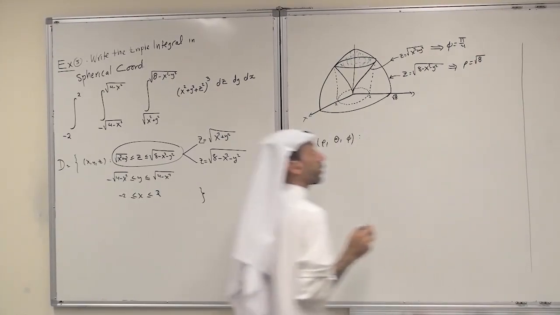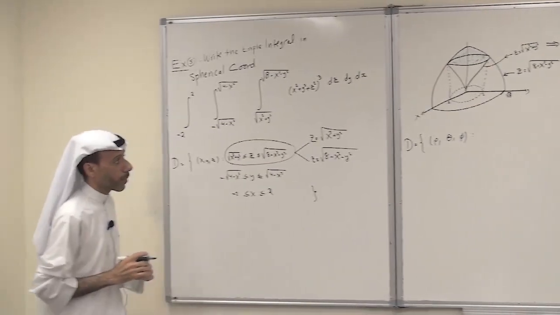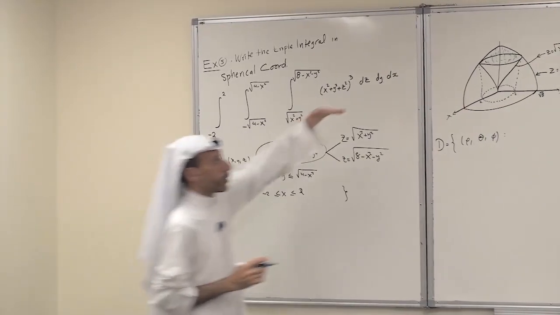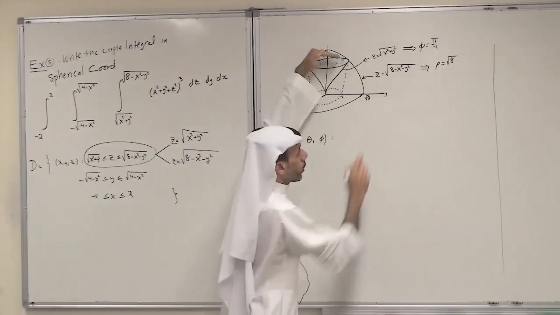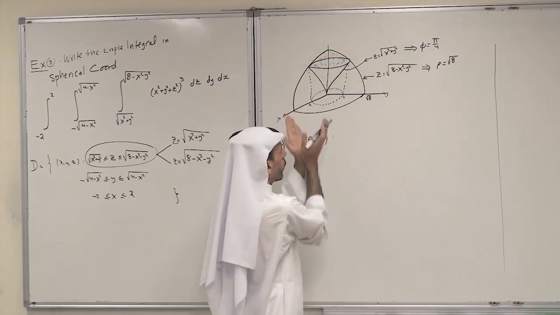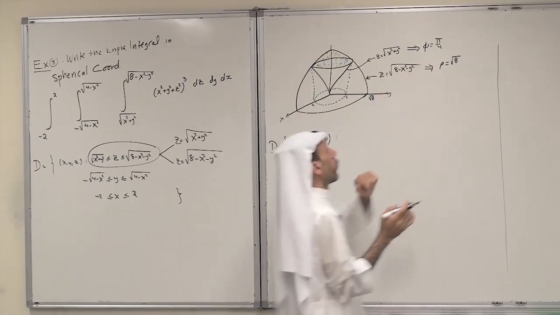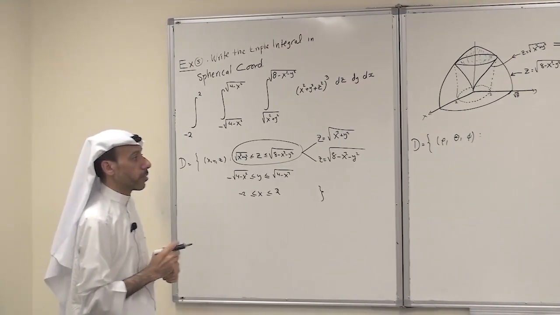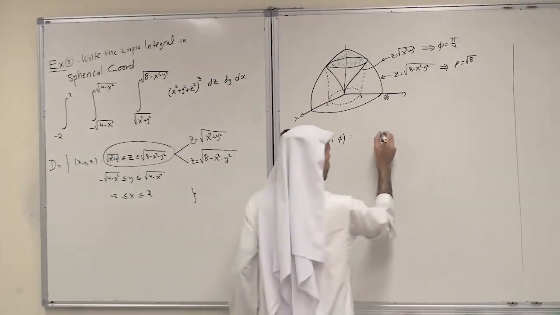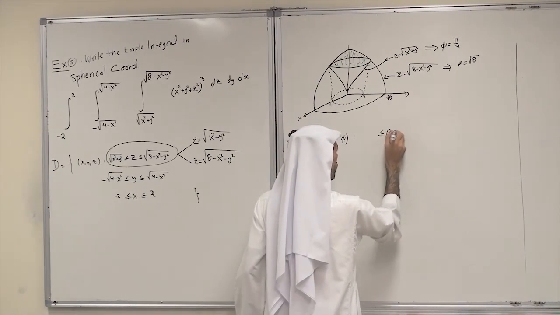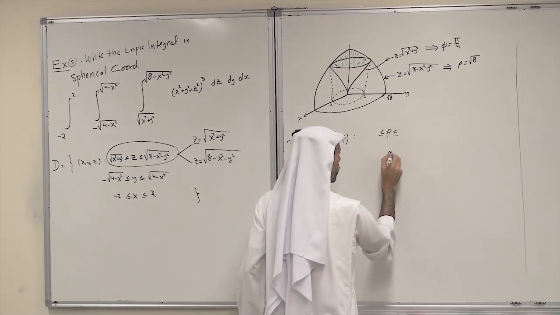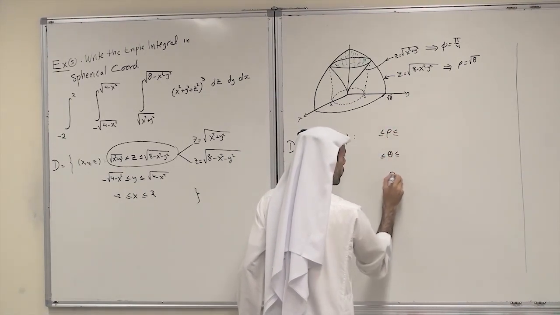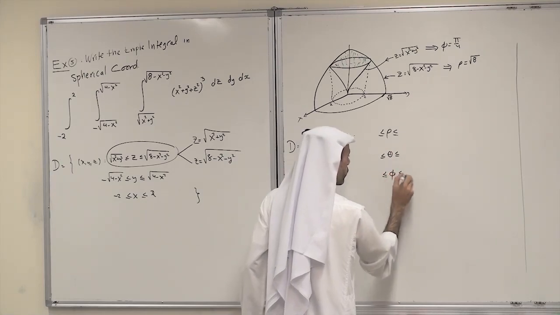So it is not difficult to find that. The solid is below the sphere, rho equals root 8, and above the cone, phi equals pi over 4. We need to describe the solid in spherical coordinates, so what are the limits of rho, the limits of theta and the limits of phi?